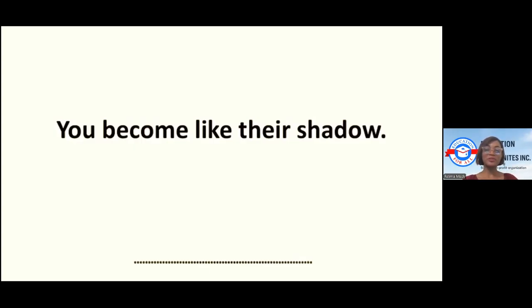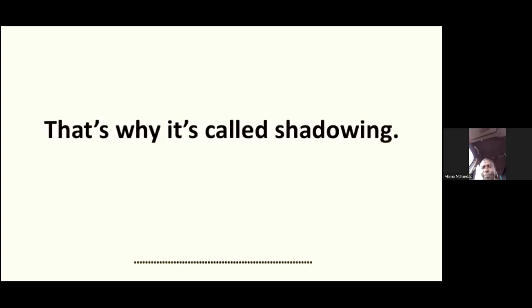Yeah, it's a moment for you to repeat whatever is said and try to imitate the person, speak like them, you following their speed and all of that. So it's very, very practical. Let's just continue. That's why it's called shadowing.